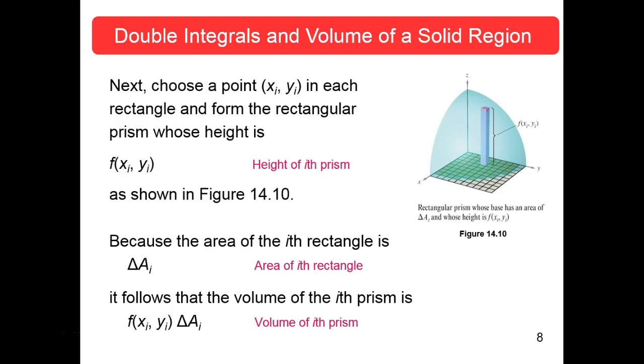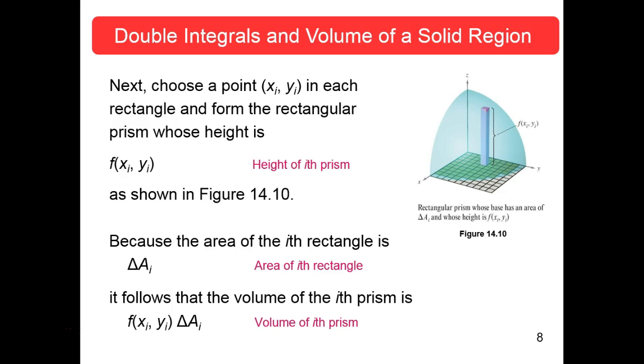Because the area of the ith rectangle is delta A sub i, it follows that the volume of the ith prism is that area times the maximum height. That's going to be the maximum volume, because you're choosing the highest corner to go from. So you're overshooting a little bit, but not by much.